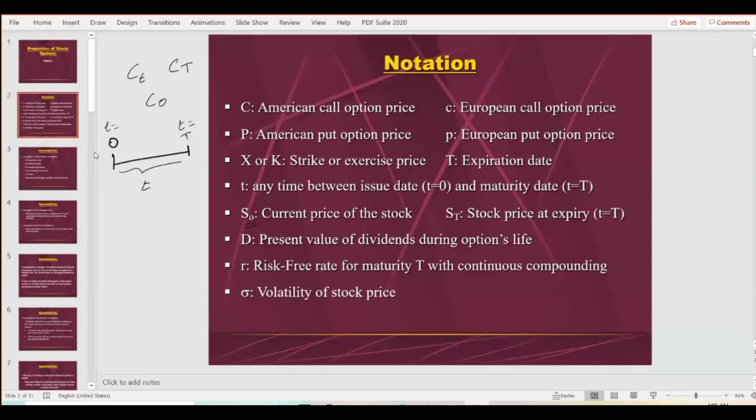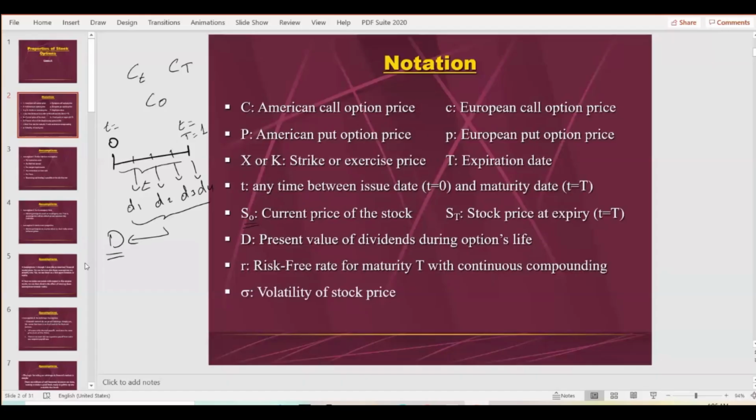So if this option, let's say, is over a 1-year period, so T equals 1 year, and dividends are paid quarterly, mainly we have 1, 2, 3, and 4 dividends. So here you will have D1, D2, D3, and D4. So the present value of all of those dividends is capital D.